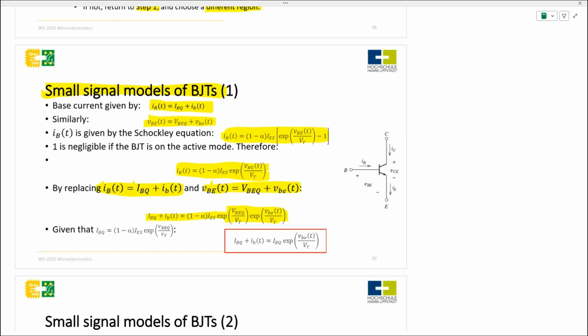So how did we move from this to this? Based on this, when we replace this, we see this ib(t) needs to be replaced by this one.